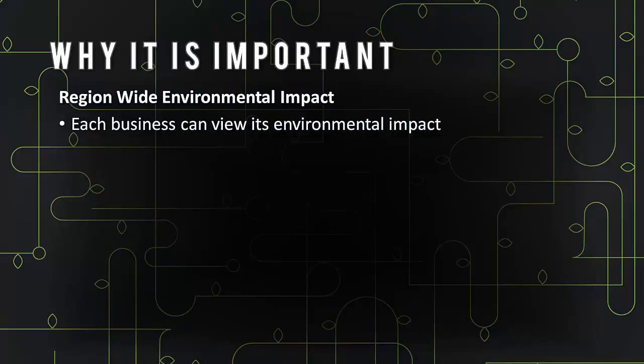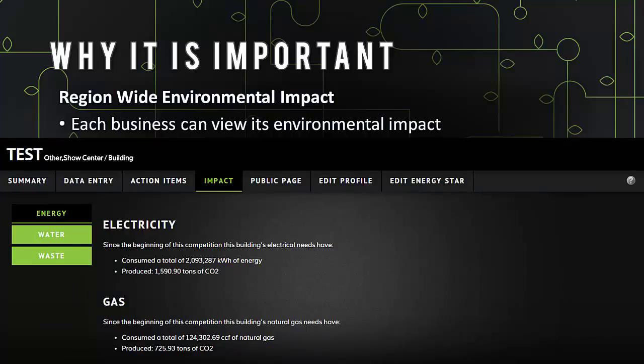Good, okay. So the second reason for the importance of proper data entry is environmental impact. If that's something that you care about, we have information for you in spades. Each business can look at its environmental impact. This is just a rough overview of how many kilowatt hours you've used and what that equates to in greenhouse gases.